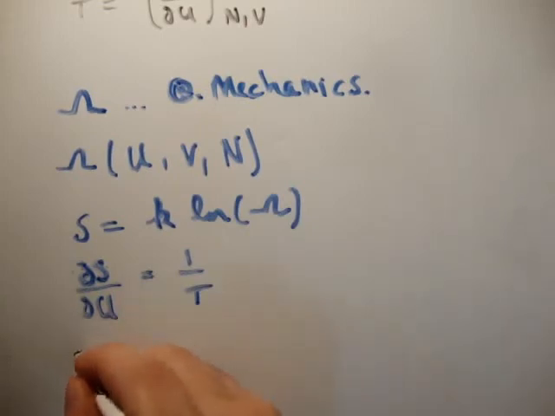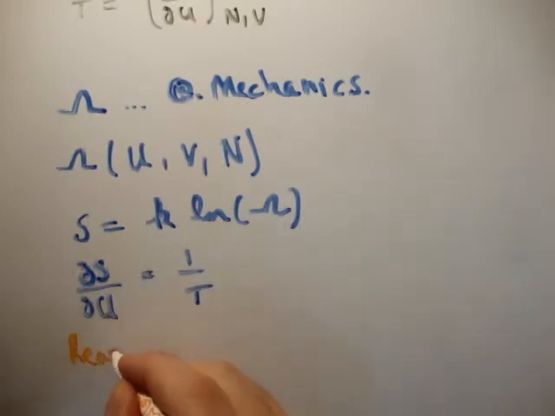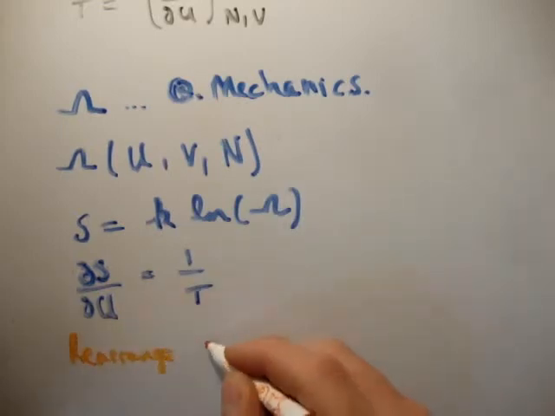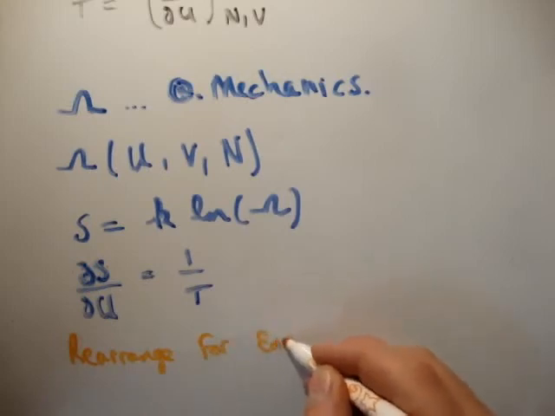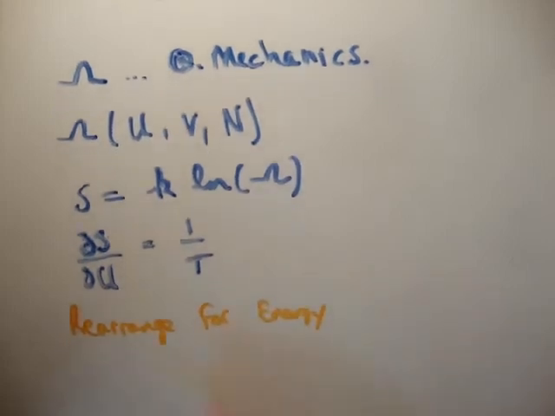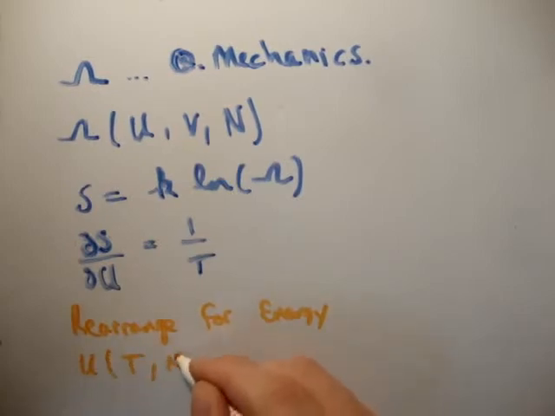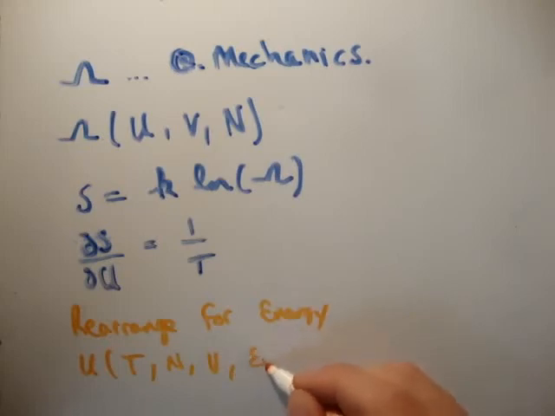So we rearrange for energy. What we get is energy as a function of temperature, the number of particles, the volume, and so on.